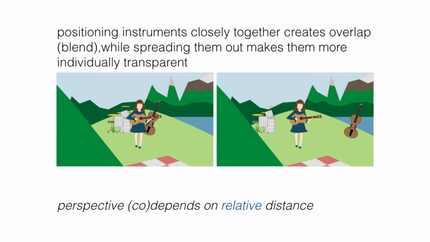This creates a dense blend, but it also renders parts of the instruments inaudible due to masking effects. So if you want to increase transparency and make them individually more audible, you can increase the relative distance of the instruments by spreading them out horizontally, like in the second image.